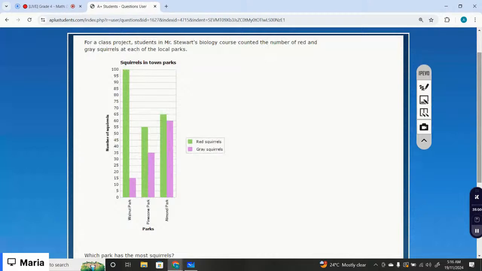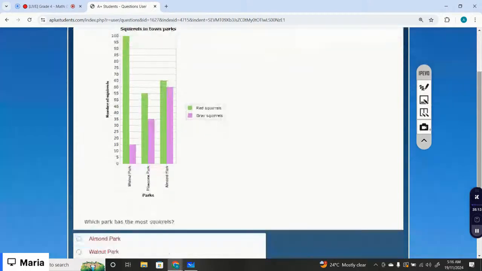For a class project, students in Mr. Stewart's biology course counted the number of red and gray squirrels at each of the parks. Which park has the most squirrels? So, which is the correct option?